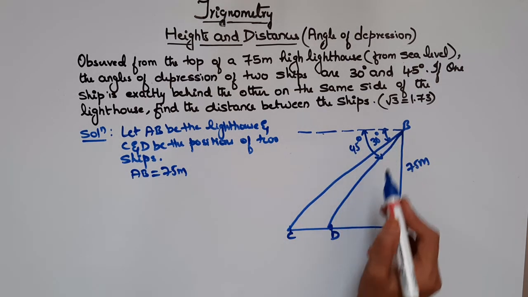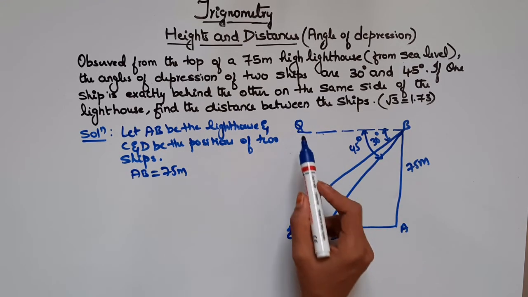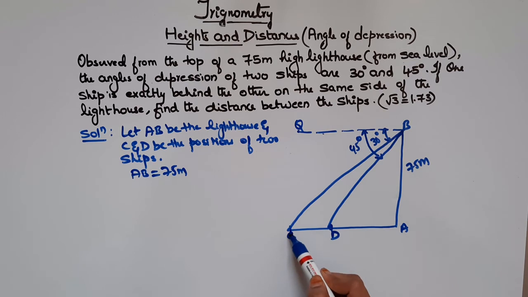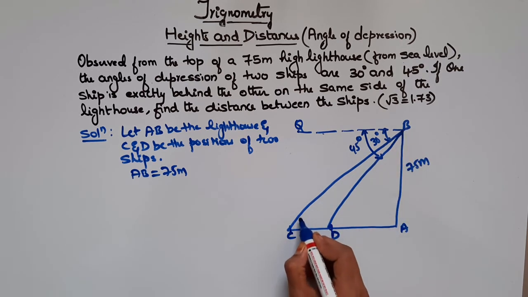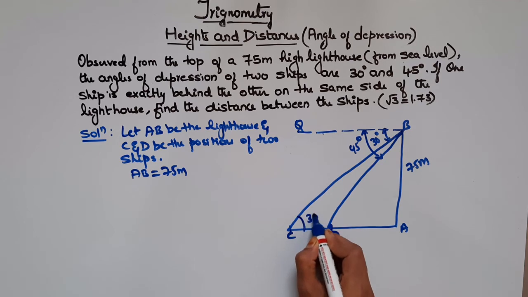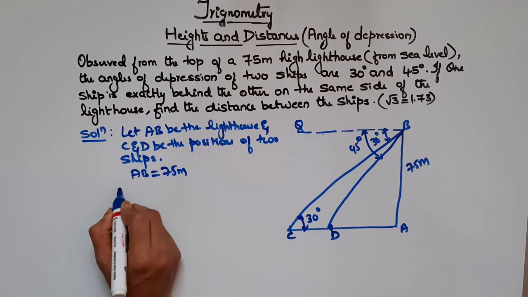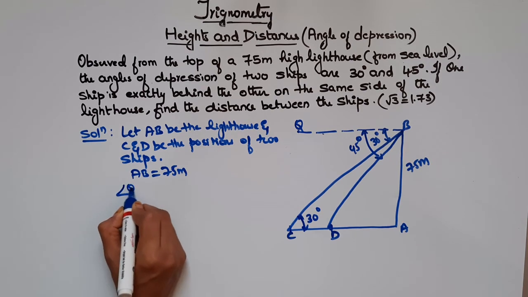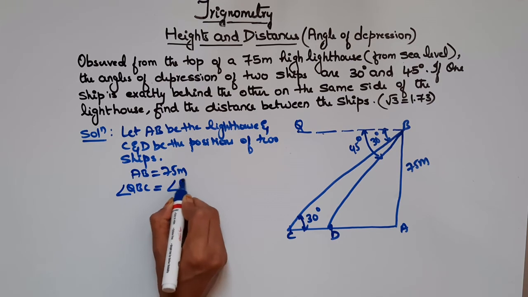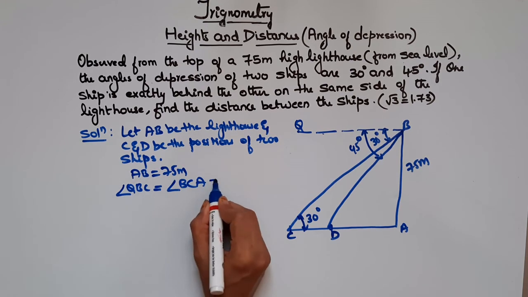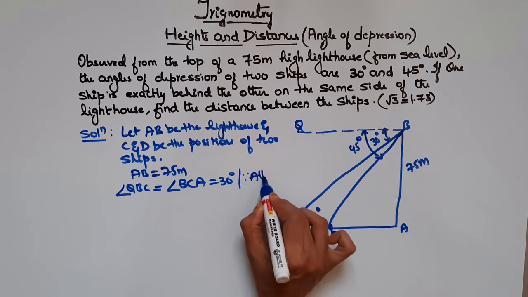So now if you see the diagram here, let's take this point as Q. Angle QBC is equal to angle BCA, that is this angle is 30 degree. It's an alternate angle, right? That is angle QBC is equal to angle BCA, which is equal to 30 degree, since alternate angles.